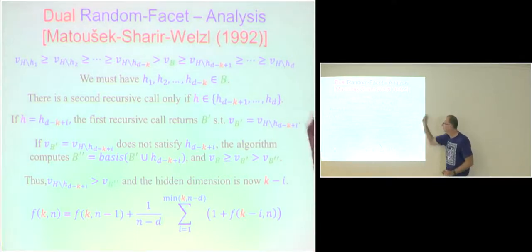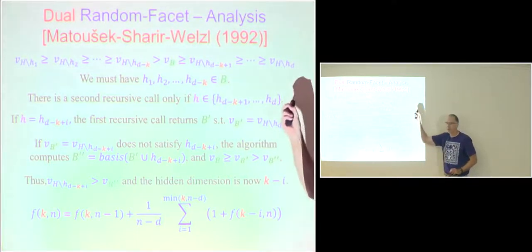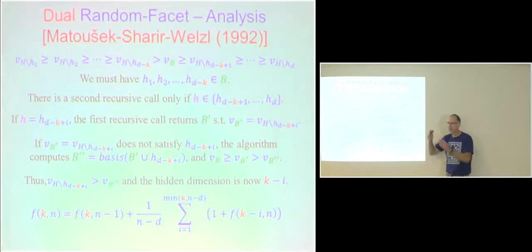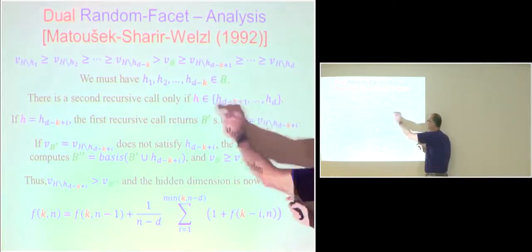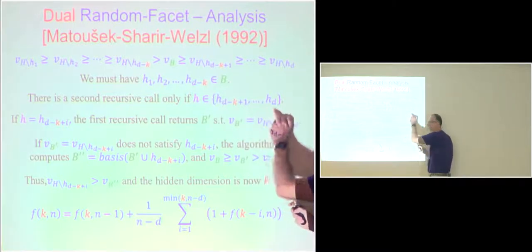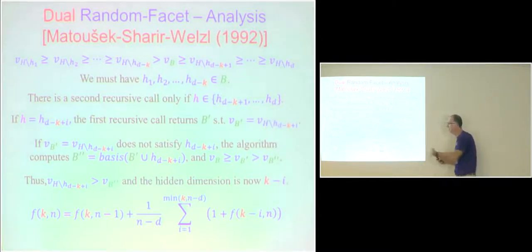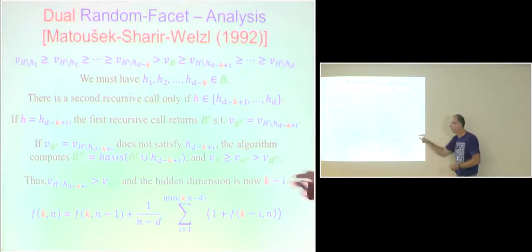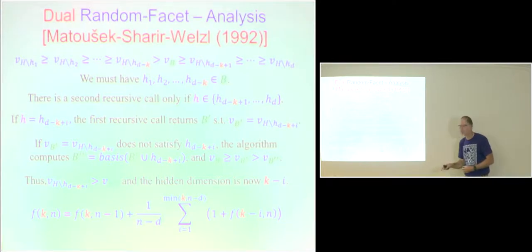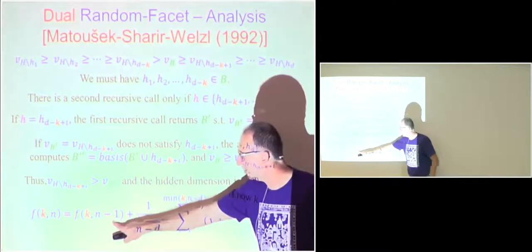The algorithm just chooses a random inequality which is not in the basis, and the only bad case is when this inequality falls in this subset, and even in that case, we are likely to get a big decrease in the hidden dimension.